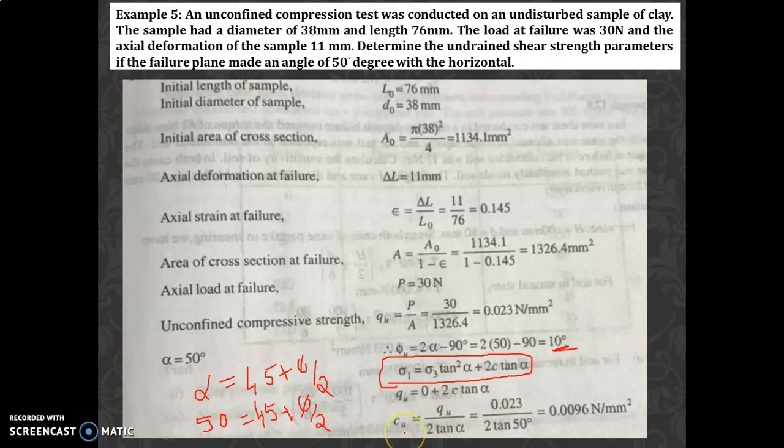So Cu is equal to Qu divided by 2 tan alpha. Qu is 0.023 divided by 2 tan 50, alpha is 50. Simplify this and we get 0.0096 Newton per mm square. This is the Cu value. Like this, you can calculate Cu and phi u values.